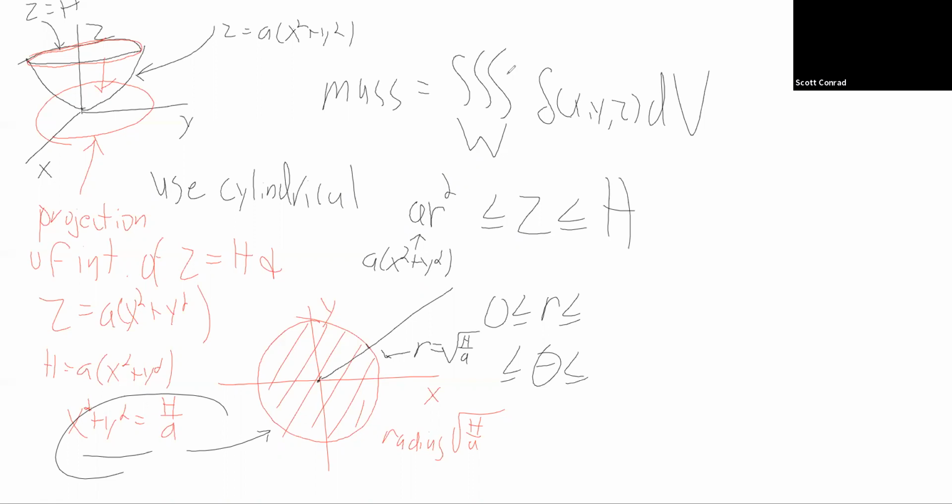So r is bounded between 0 and square root h over a, and then theta goes from what to what? It's the smallest angle with the positive x-axis. What's the biggest angle? It goes all the way around, so we go from 0 to 2 pi.